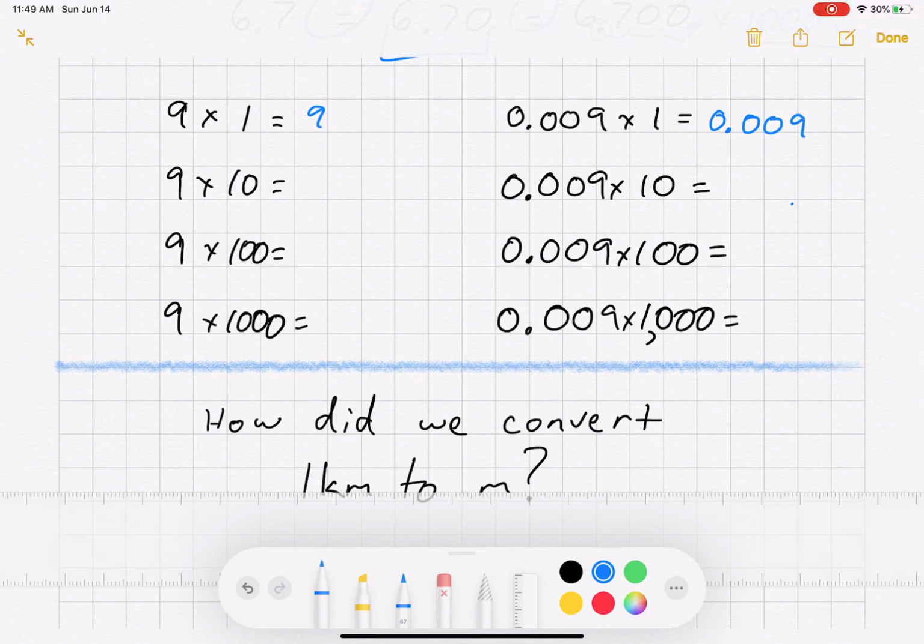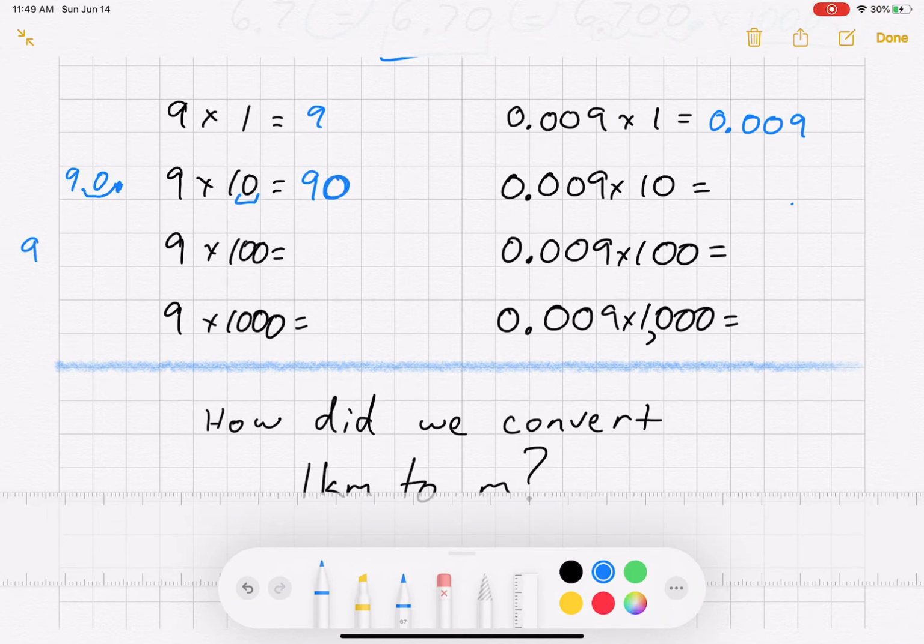If I wrote 9 as 9.0 and I multiplied by 10, that decimal would move 1 place. Okay? And so what I'm doing is I'm just putting in that 0.